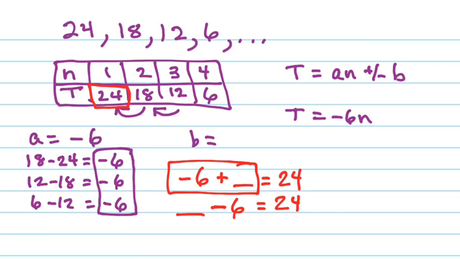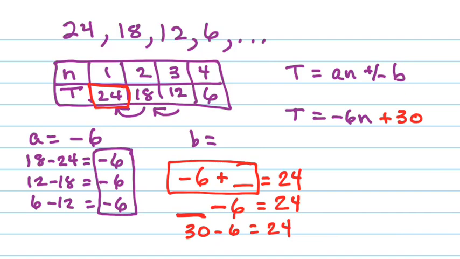So what number minus 6 would give you 24? Okay, and the only number that would make that true is the number 30. So that means that our missing part up here is plus 30. Okay, so it gets a little trickier when you have negative numbers, but again, that just means that you're subtracting the numbers.